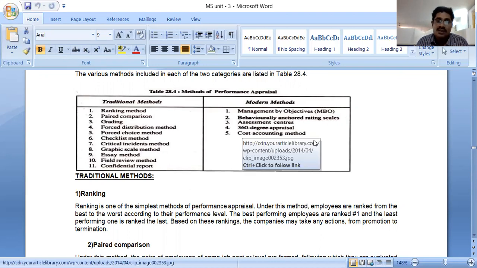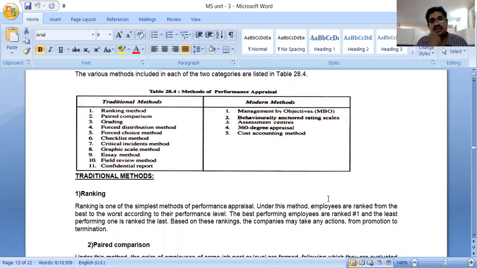And finally, the cost accounting method is to maintain separate accounts for each and every employee. That account contains the employee's joining date, increments, promotions, awards, punishments, company loans, installments, increment, and interest paid, and balance of the loan amount.